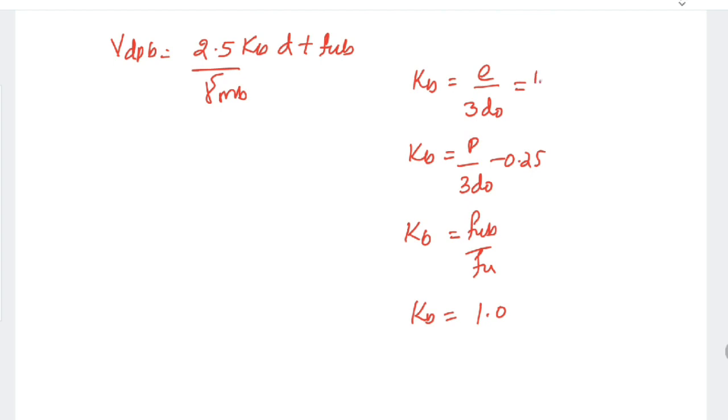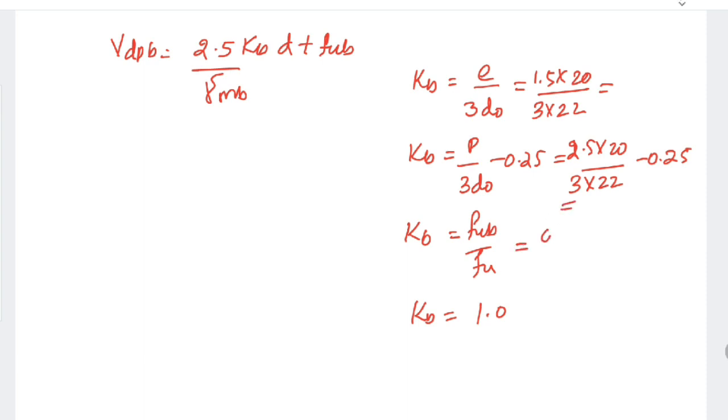So first kb is equal to 1.5 times the dia of bolt divided by 3 into 22, and this one 2.5 times the dia of bolt divided by 3 into 22 minus 0.25. Calculate. Next, third one, this is 400 divided by 410, it is equal to 0.97.